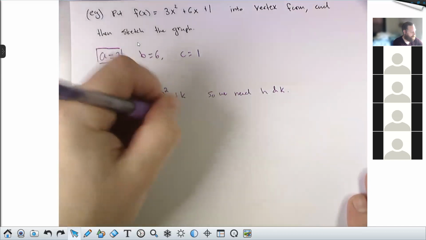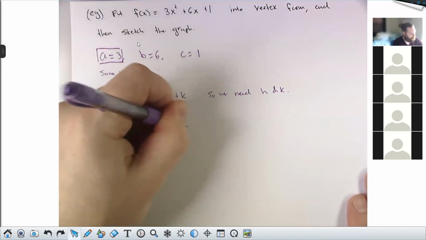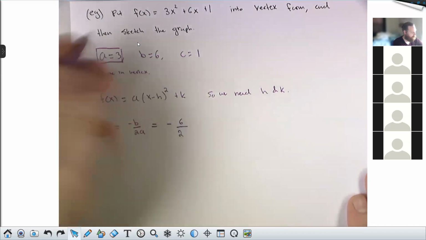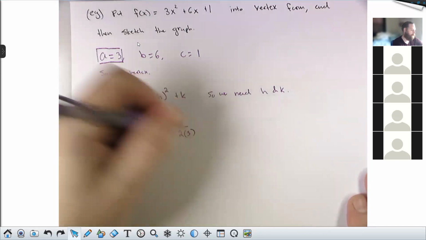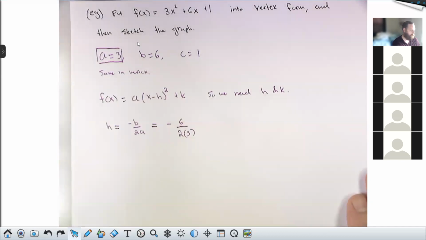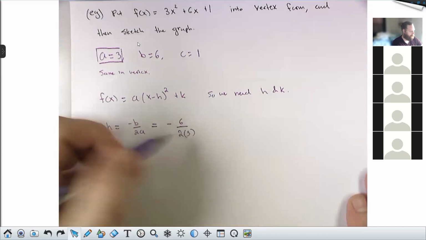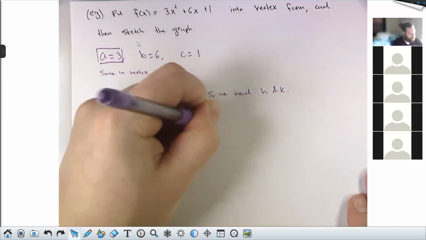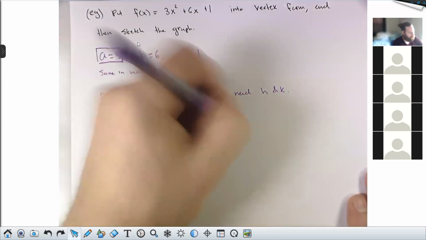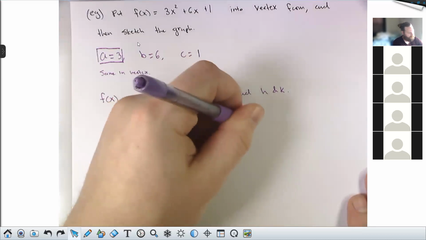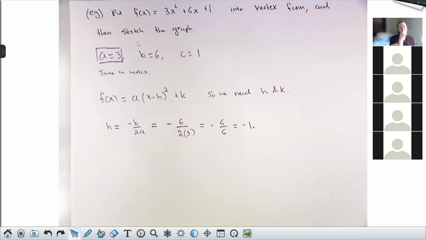B is 6, so that's negative 6 over 2 times a, which is 3. Look at that. 2 times 3 is 6. So this is negative 6 over 6, or negative 1. So h is negative 1.